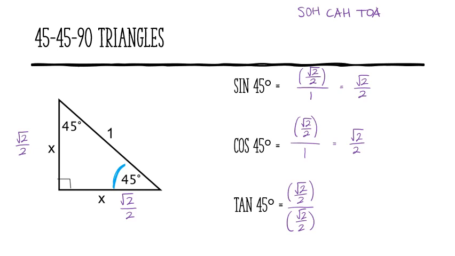It just is a slightly more complicated looking number. That is always just going to be equal to 1. 3 divided by 3 is equal to 1, just like square root of 2 divided by 2 divided by square root of 2 divided by 2 is equal to 1. So the sine of 45 degrees equals square root of 2 over 2, so does the cosine of 45 degrees, and the tangent of 45 equals 1.